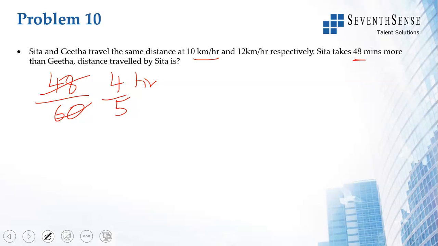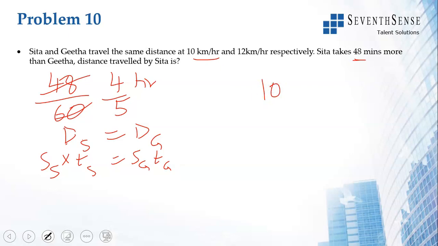So the distance is the same. The distance of Sita is the same as the distance of Geeta. The distance of Sita is speed of Sita into time of Sita, and the distance of Geeta is speed of Geeta into time of Geeta. The speed of Sita is 10, and the time is the time taken by Geeta plus 48 minutes.